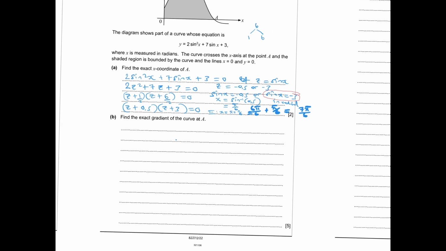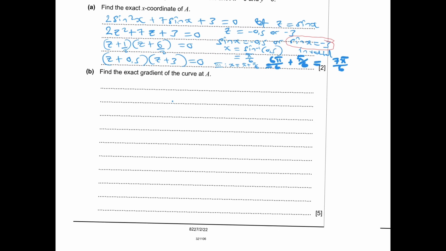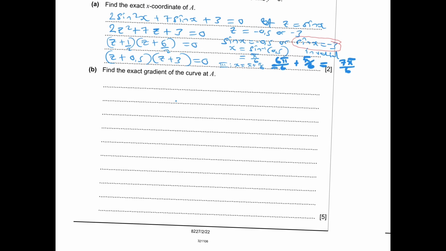We move on. The question now says find the exact gradient of the curve at A. Okay, we want the exact gradient at this point here. So remember, the first thing that we need to do for us to get the gradient, we need to differentiate this. And if we differentiate that, what we are going to do is to substitute the value of x there. So what are we having here?